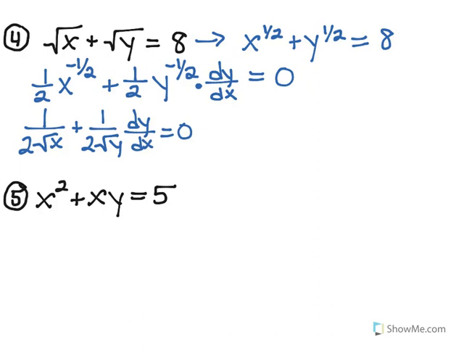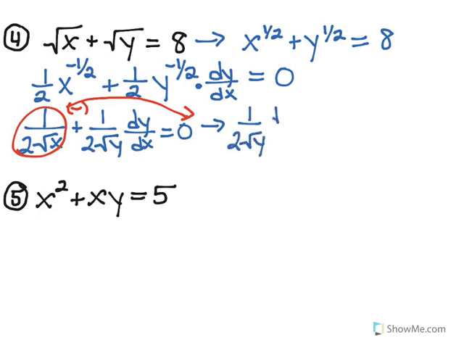Now I'm going to move the x term to the other side by subtracting it. And then I'm going to have to do something else to simplify a little bit more. So I have 1 over 2 square root y dy/dx is equal to negative 1 over 2 square root x.